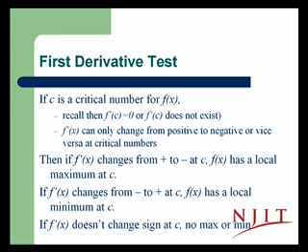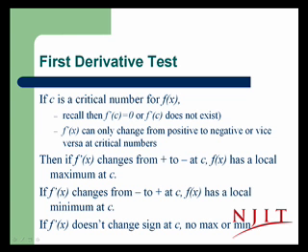Now let's discuss the first derivative test. We discussed last time the idea of a critical number for a function f of x. A critical number is a value c where the first derivative is 0 or the first derivative does not exist. Now we know that the only places where the value of a function can change from negative to positive or from positive to negative is when the function crosses 0 or when the function does not exist.